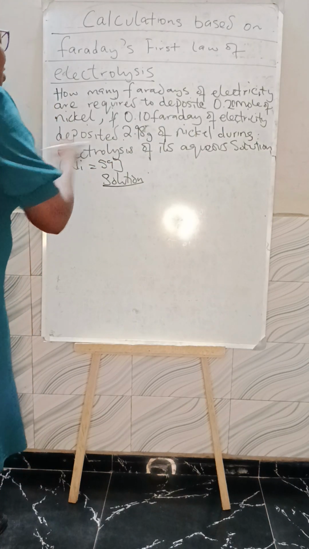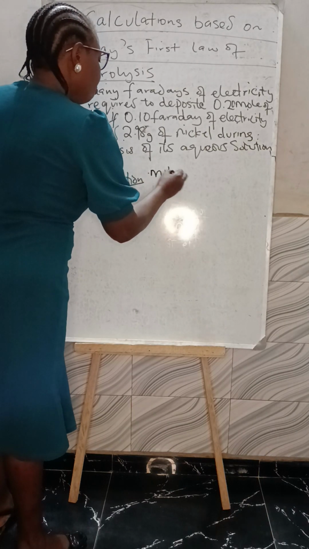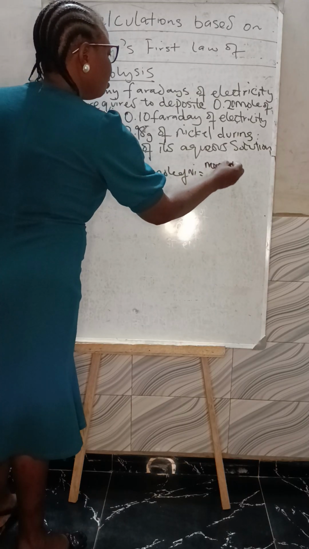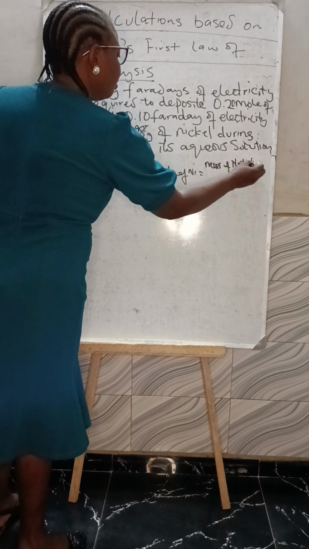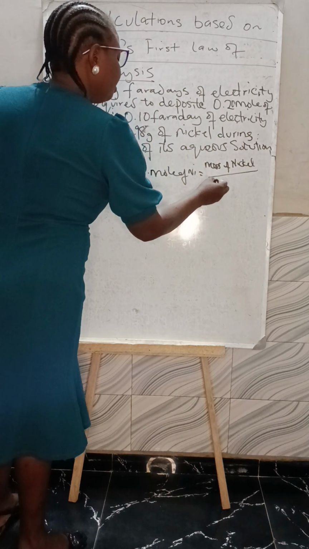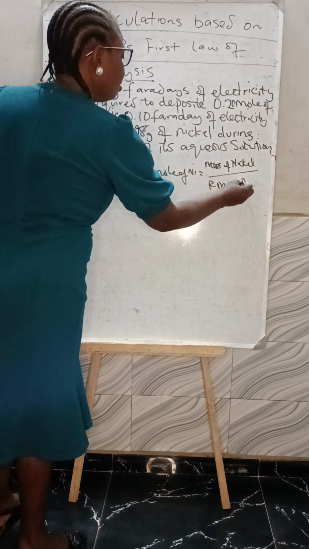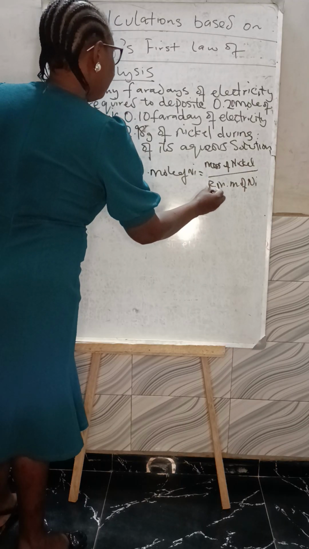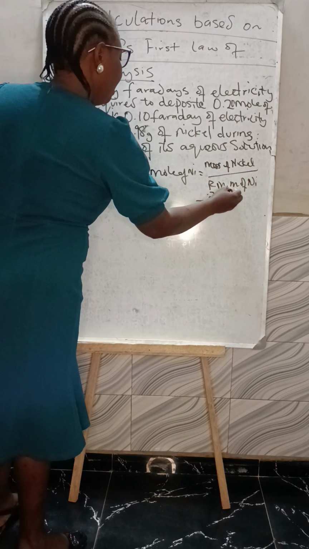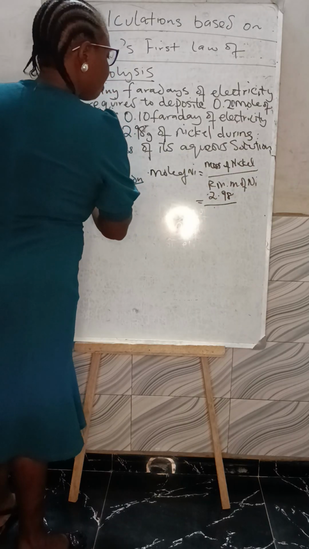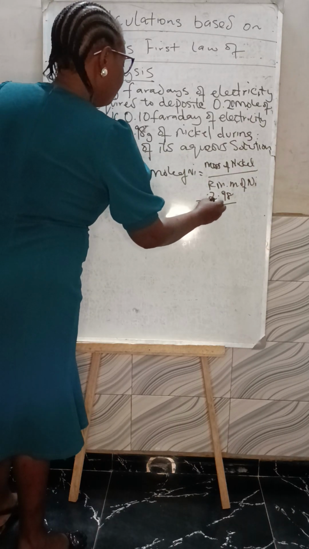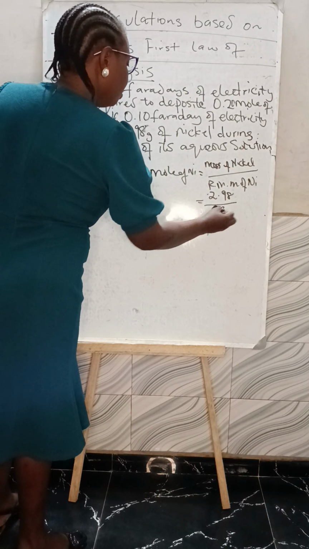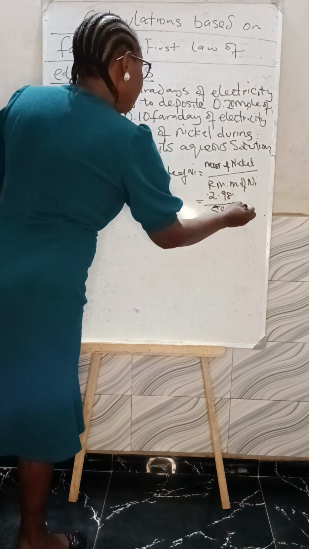First and foremost, we'll look at the mole of nickel. We have it as mass over relative atomic mass. We now have 2.98 gram all over the relative atomic mass, which is 59.